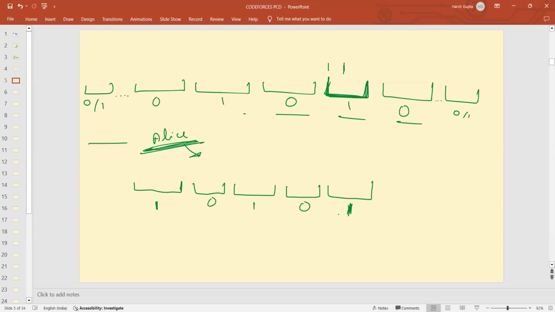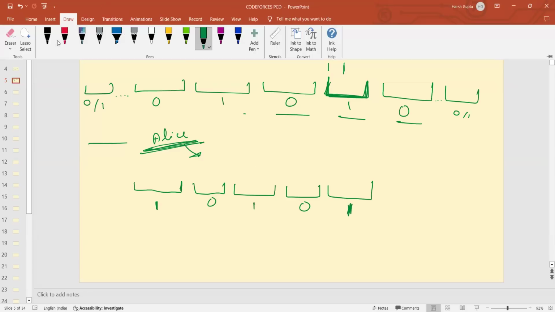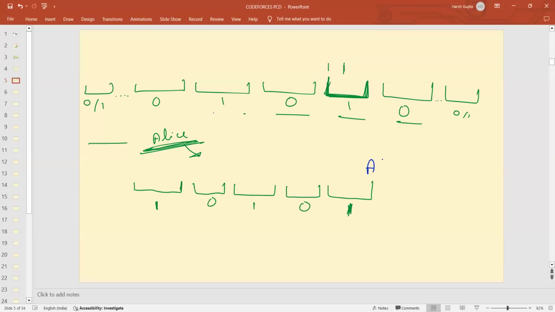So if this is the case, and since Alice is starting first, what will Alice do? Will Alice select this substring and remove all ones, or will he select this particular substring or this particular substring? Yeah, definitely. He will select this substring or this substring only. No, he will not select this as first, because if he does so, then you will get all zeros together. Bob will remove these zeros and the game is over for Alice.